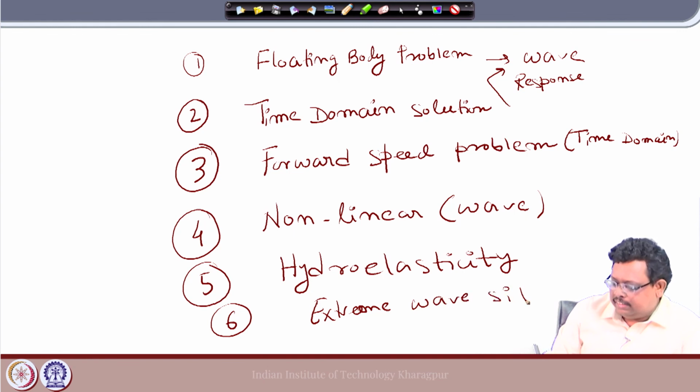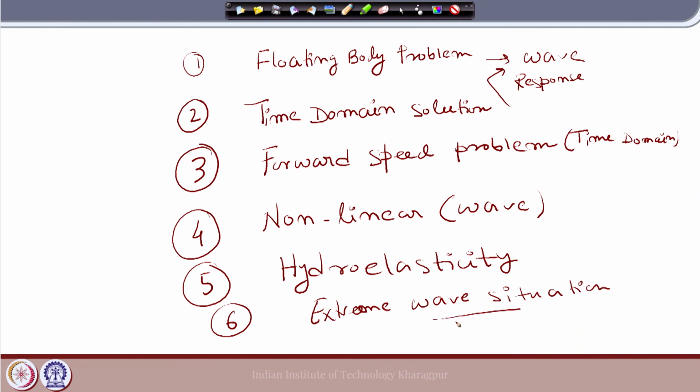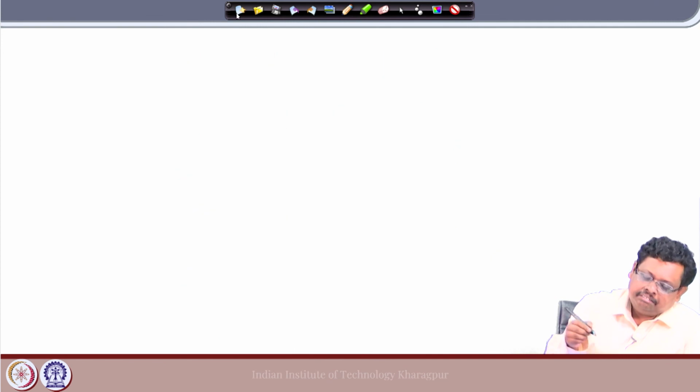Extreme wave situations. Here we can address something called green water, and sometimes we can have slamming. Okay. What green water and slamming are, we are definitely going to discuss in the coming days, and at the end of the course.